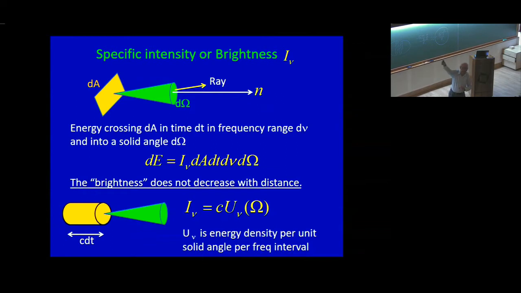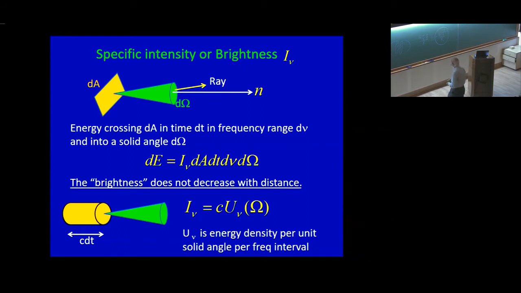So I don't care how far that object is. The energy radiated into your unit solid angle never decreases. So when astronomers talk of the brightness of a star, they are not talking of brightness as defined by the Oxford Dictionary, they are talking of brightness as defined by this equation.